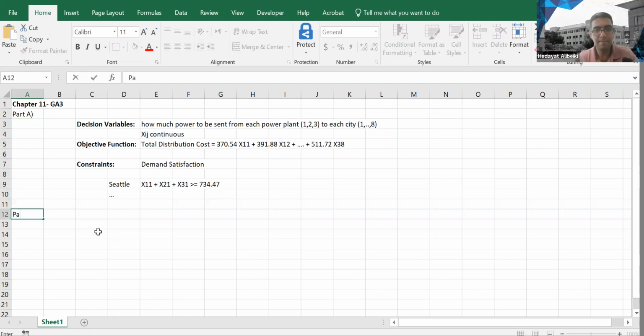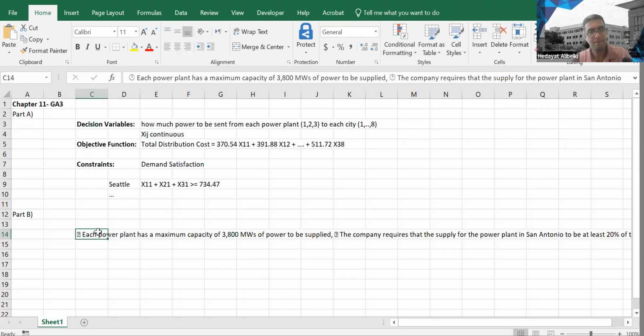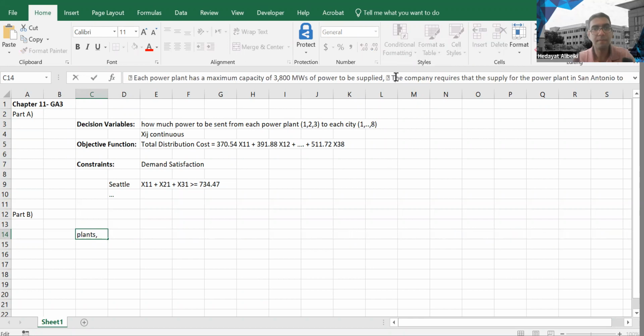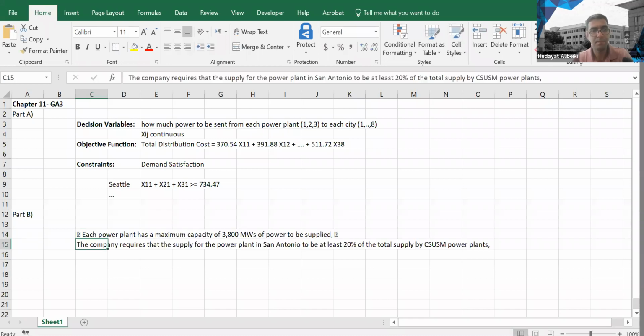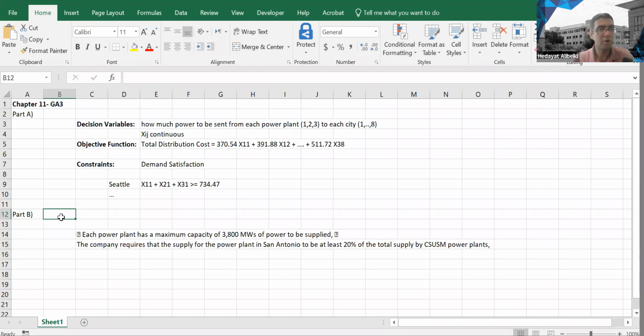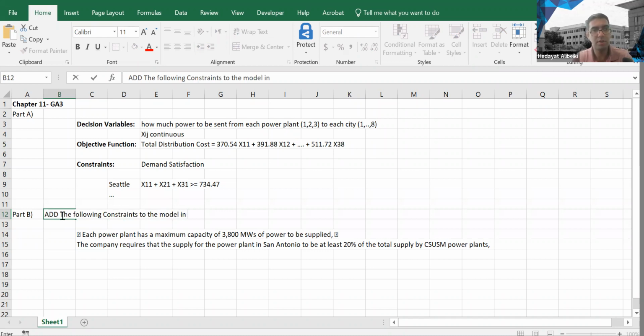For part B, add the following constraints to the model in part A. All right.